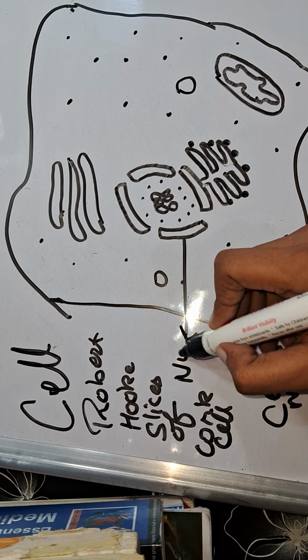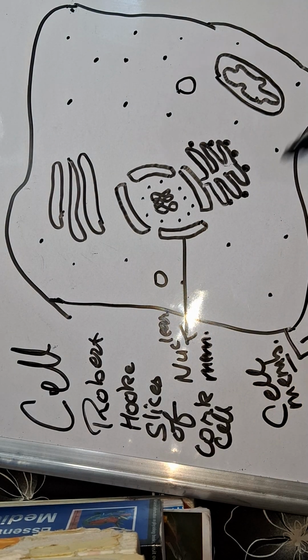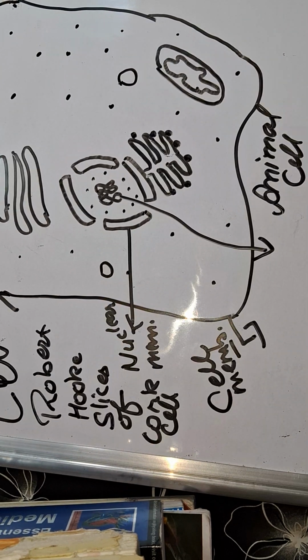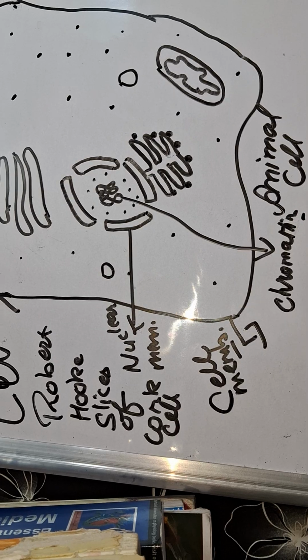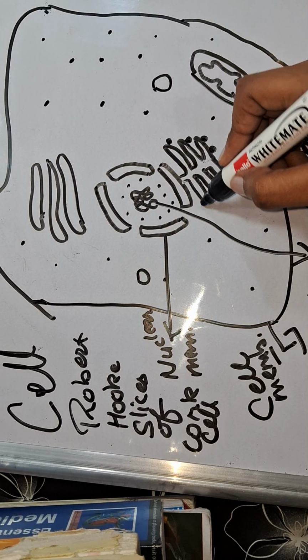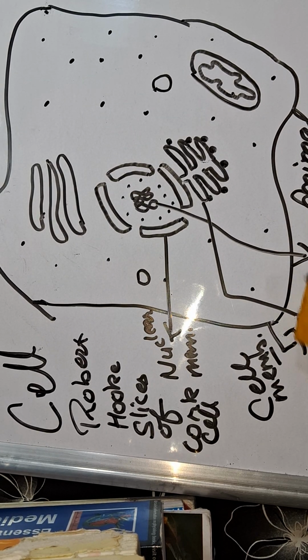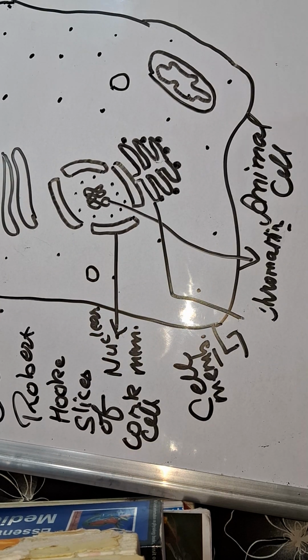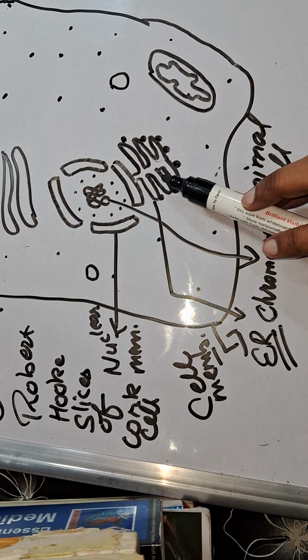This is the nuclear membrane. This is our DNA material, that is chromatin. Here is the endoplasmic reticulum, ER for short.